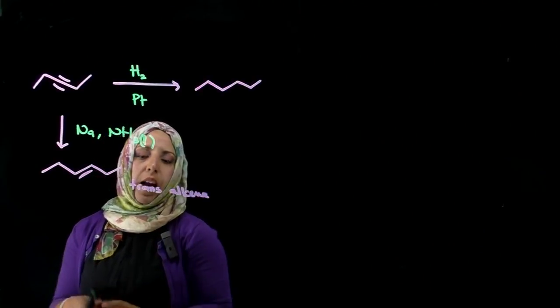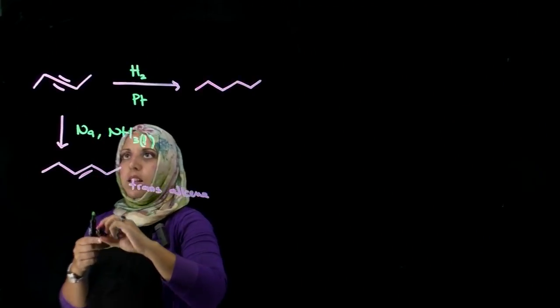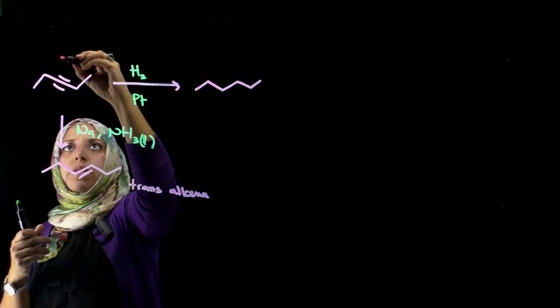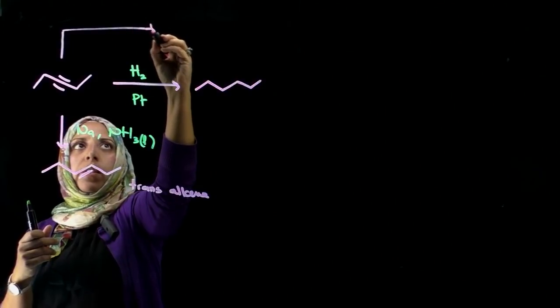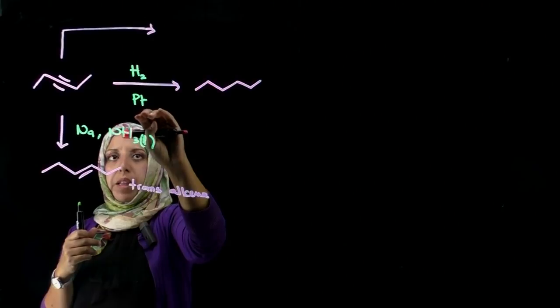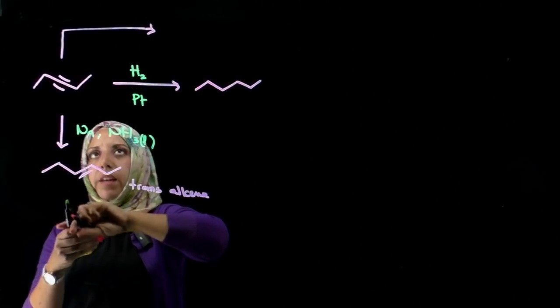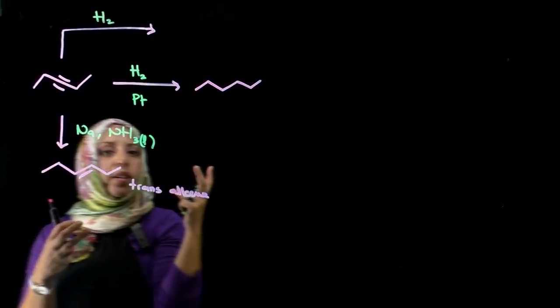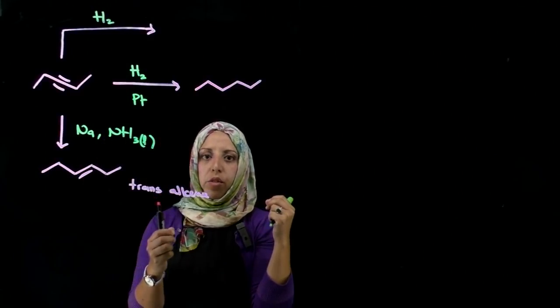If you wanted to trap it at a cis alkene, we use a different reagent. It's very similar to hydrogenation in the presence of platinum, palladium, or nickel, but instead we use what we call a poisoned catalyst. One example is nickel boride.